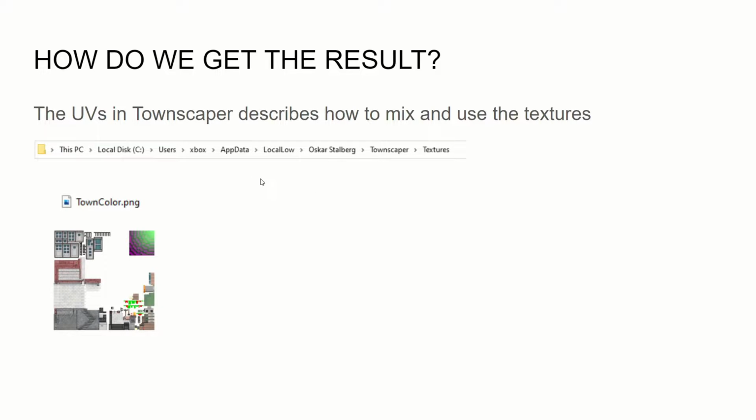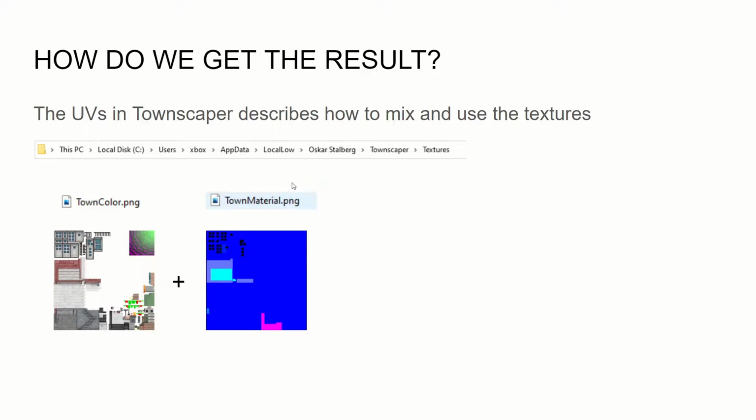The first file is towncolor.png. As you can see, it has the door and window textures, but it also has a lot of other funky things that look like bricks and tiles, and that is exactly what they are. These are the parts that make up the detailed texture in Townscaper.